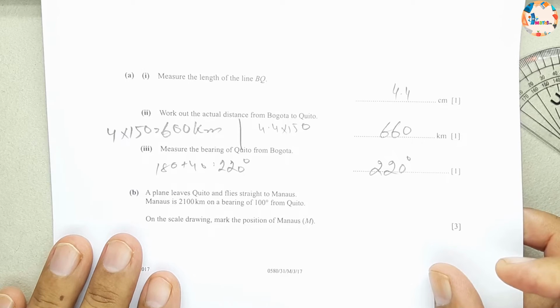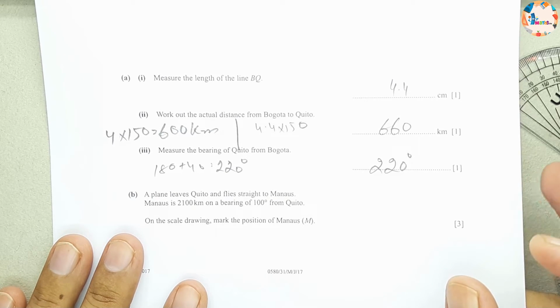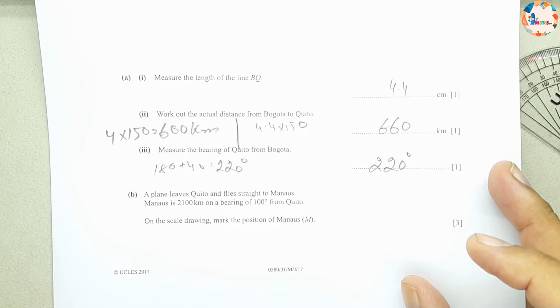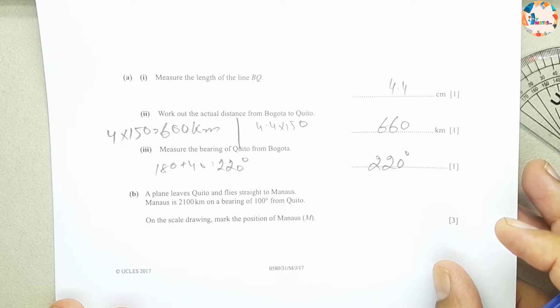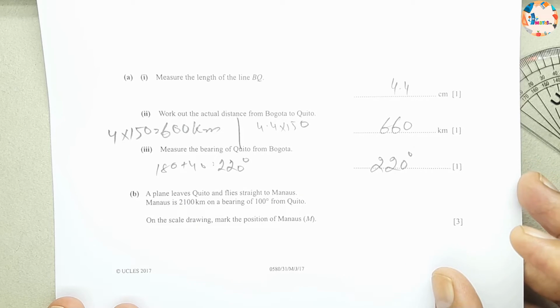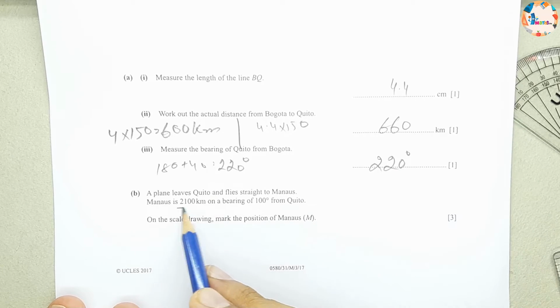Next, B part, a plane leaves Quito and flies straight to Manaus. Manaus is 2,100 kilometers on a bearing of 100 degrees from Quito. So on the scale drawing, mark the position of Manaus. So distance is this one.